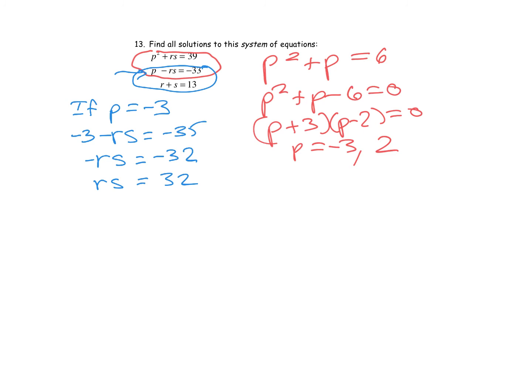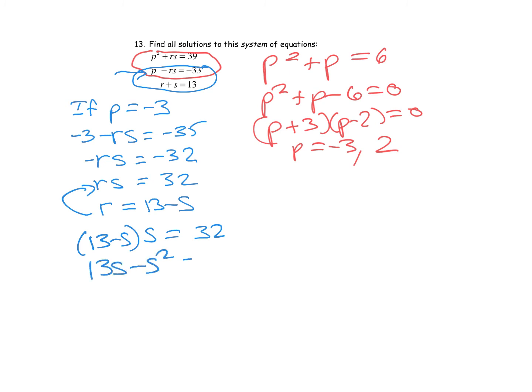And now let's use this r plus s equals 13. So let's do r equals 13 minus s, and I can plug that in for r up above. So 13 minus s times s equals 32, or 13s minus s squared equals 32, and it looks like I've got a quadratic here.